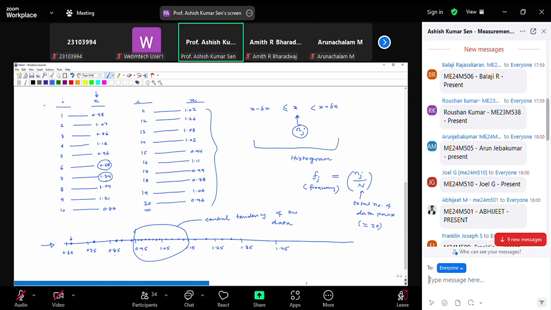So how do we represent this data in the form of a histogram? For a histogram, there are certain rules that need to be followed. So what are the rules? The rule is that when you divide the entire data into different ranges, for at least one interval, your nj should be greater than or equal to 5.